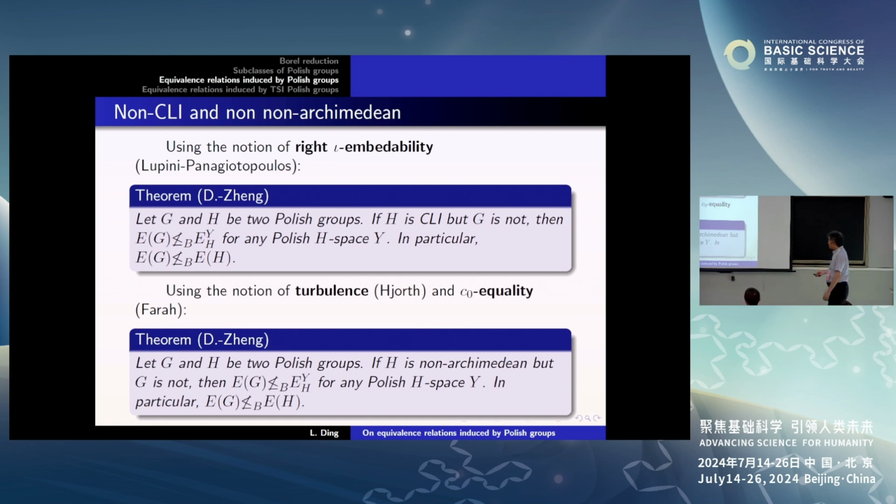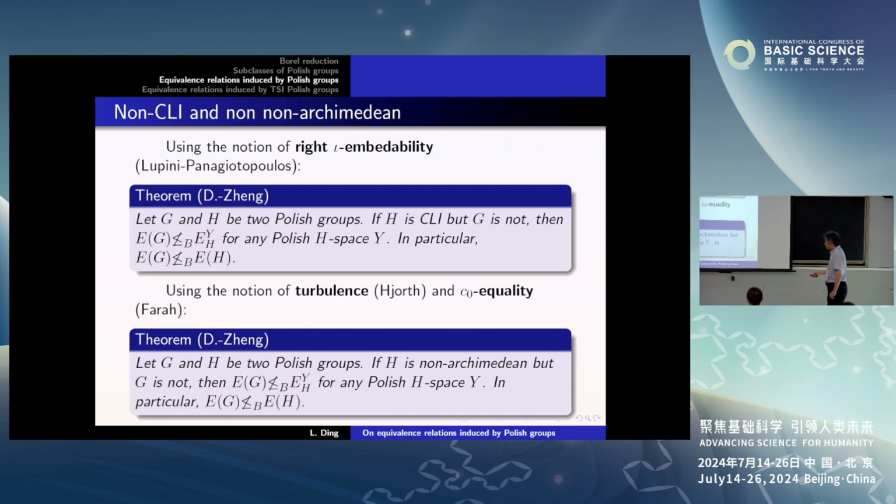Now, for non-archimedean, we get a similar theorem. Here we use the notion of turbulence defined by Hjorth. Let G and H be two Polish groups. If H is non-archimedean and G is not, then EG cannot be reduced to any EH-action.